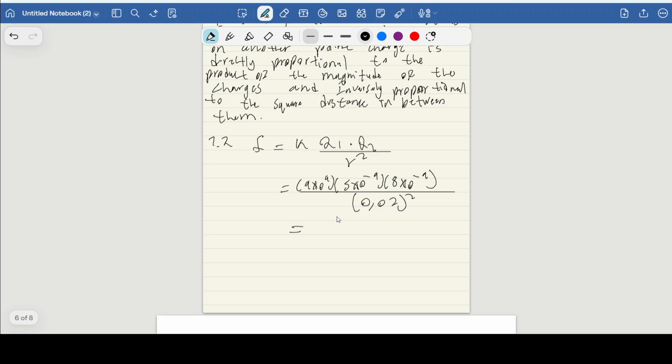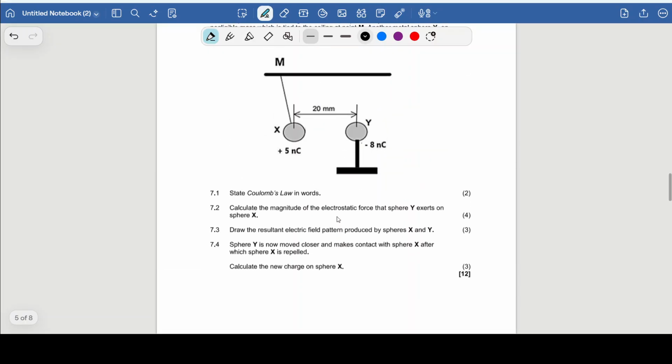So it's 9 times 10 exponent 9 into 5 times 10 exponent minus 9, then 8 times 10 exponent minus 9, divided by 0.02 squared, since 20 milli is 0.02.